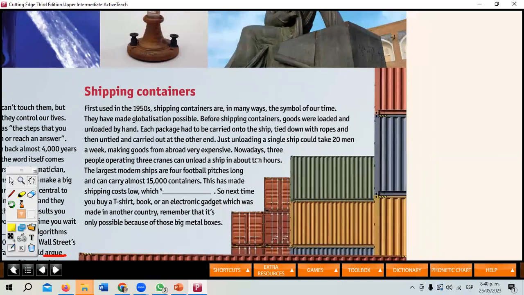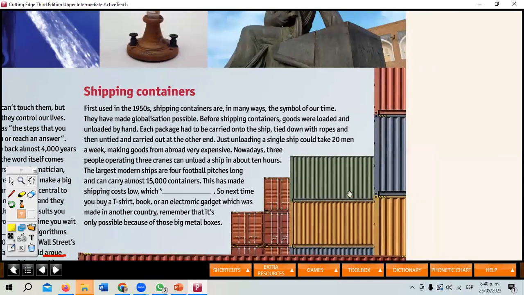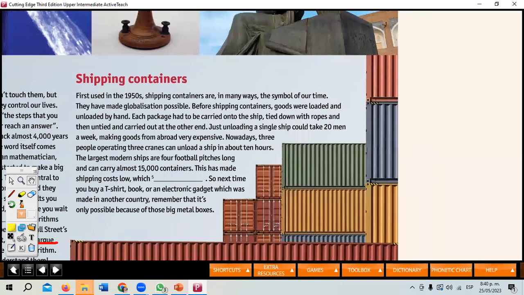Okay. So the shipping containers, these are the shipping containers, right? In Spanish, how do we say? Contenedores? Yes, containers, contenedores. Good. Any words here? The goods were loaded. What are goods? Bienes.